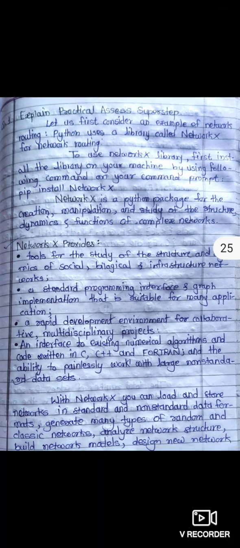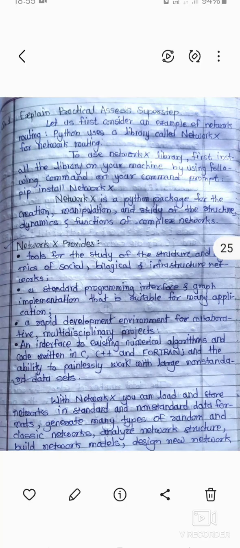NetworkX provides tools for the study of the structure and dynamics of social, biological, and infrastructure networks. A standard programming interface and graph implementation that is suitable for many applications. A rapid development environment for collaborative, multidisciplinary projects.